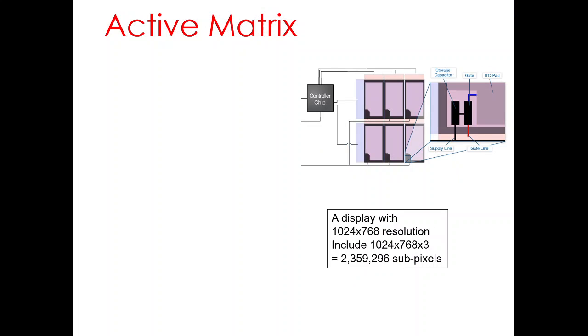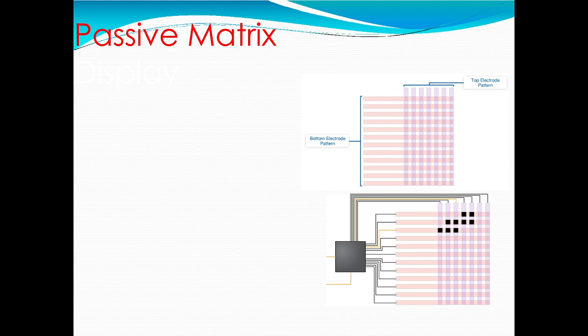Then the active matrix display. What happens in an active matrix display? It allows very high resolution. What is the difference? Here each subpixel is individually controlled by an isolated thin film transistor. Each pixel has its separate thin film transistor, the TFT. Here in the passive matrix there are rows and columns and the intersection point is controlled.